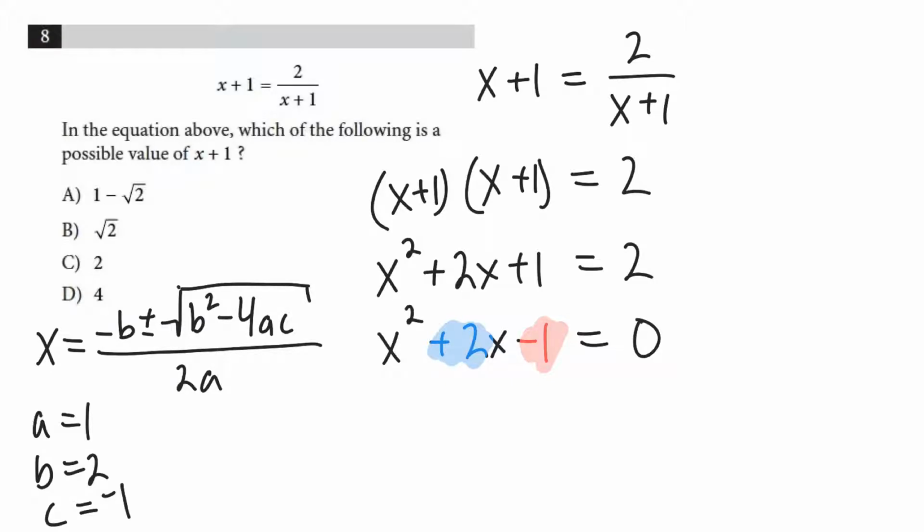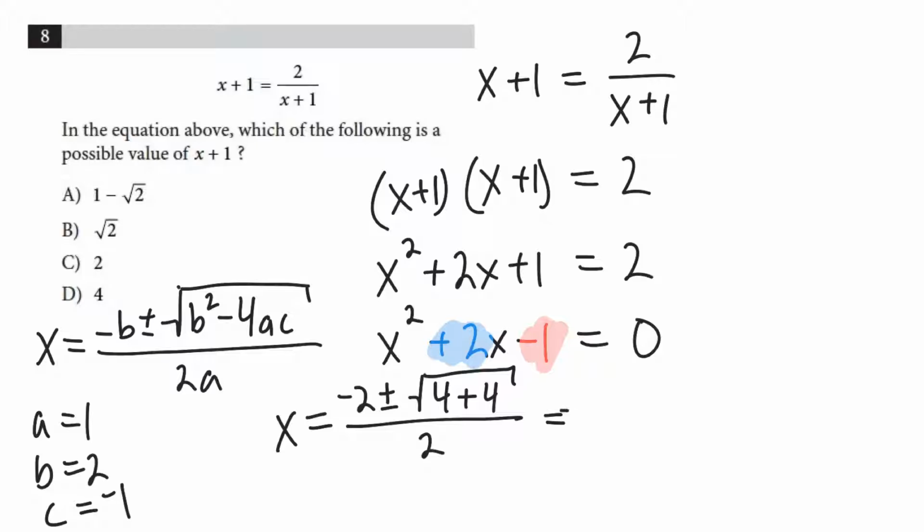Okay, so then I'm going to have x equals, well, negative 2, right? Negative b is negative 2 plus minus the square root of b squared, that's 4, minus 4 times a times c. Well, a times c is negative 1. So negative 4 times negative 1 is going to be positive 4. All over 2a, which is going to be 2. I'll get x equals negative 2 plus minus the square root of 8.